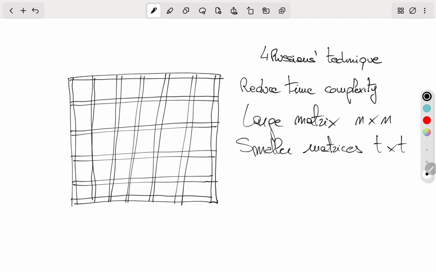The problem I'm focusing on today is the LCS, so the longest common substring.